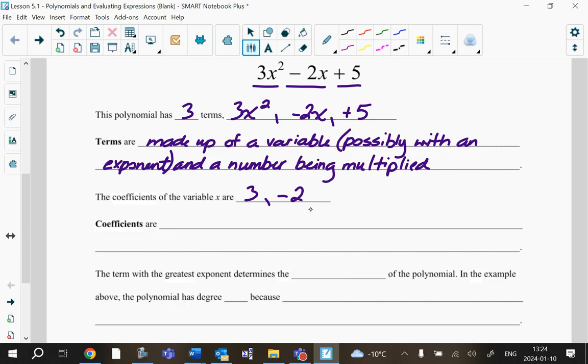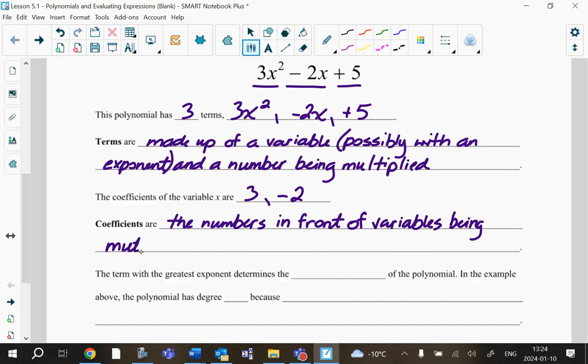So the coefficients are the numbers in front of variables, being multiplied. The last term in this example doesn't have a coefficient because there's no variable in it.